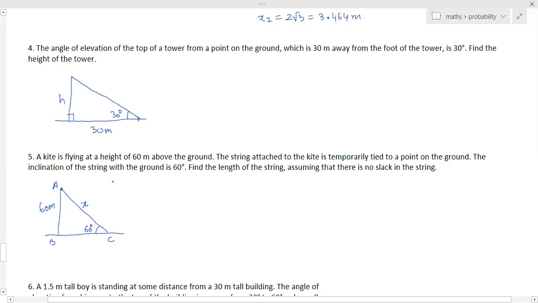Root 3 by 2. Ma'am, is the answer 69.28? I have done till 40 root 3. Ma'am, I also got 69.28. That is 1.732 into 40, you have to do. Yes, 69.28.